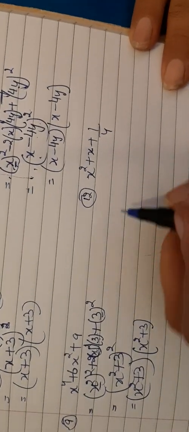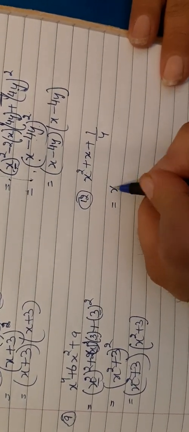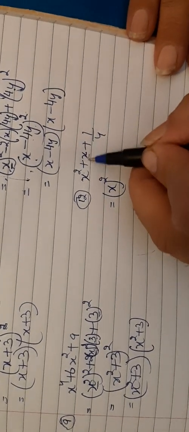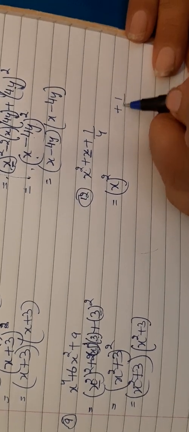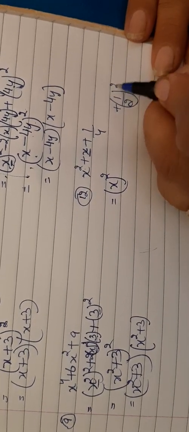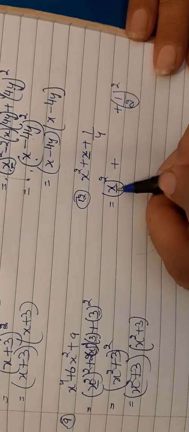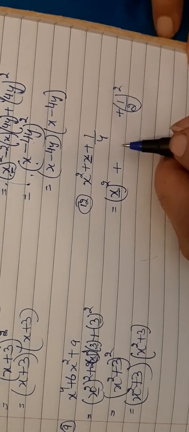I am doing one more question for you, which is question number 12. X square is the square of x. 1 upon 4, because this will be twice ab, is the square of 1 upon 2. Because this is a, this is b, now tell me what will be your twice ab?